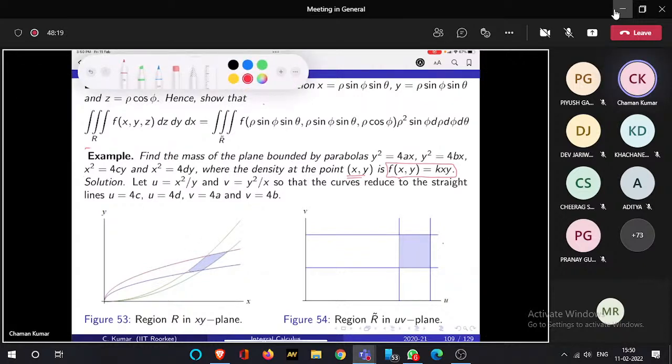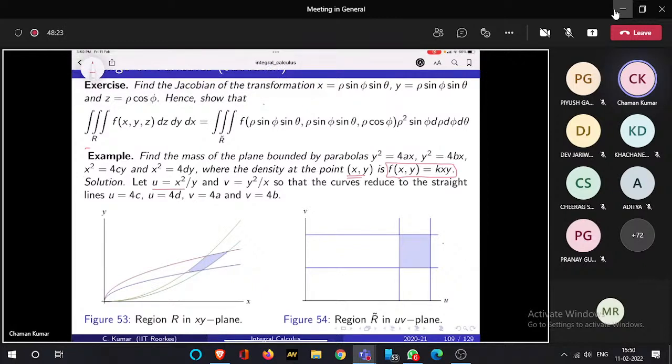So first of all, let us see what transformation we have to make. Let us assume that u is equal to x squared over y and v is equal to y squared over x. So the first parabola, by using this transformation, becomes y squared over x is v, so v is equal to 4a.